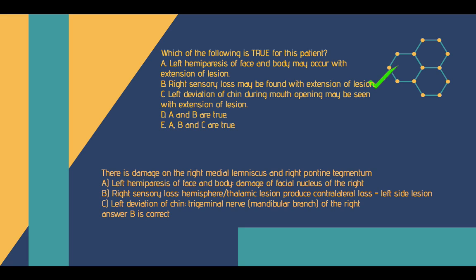And B is most correct because the thalamic lesion promotes this contralateral loss, which means that a left side lesion would be present, a thalamic lesion on the left side. It's possible because the patient has right side damage on the medial lemniscus and pontine tegmentum. So in this case, B is the most correct.